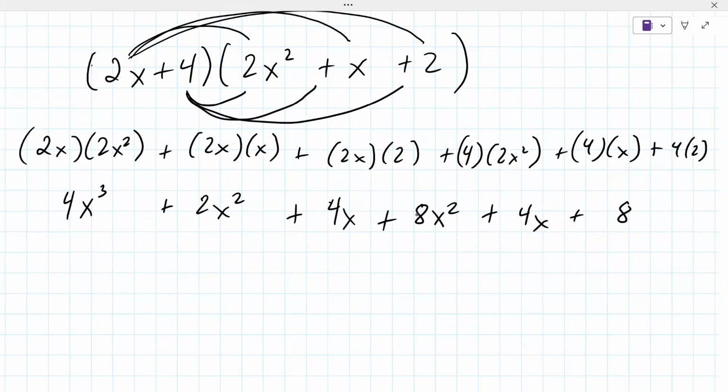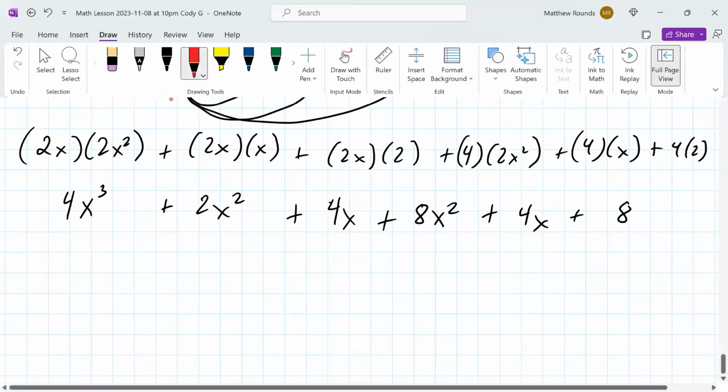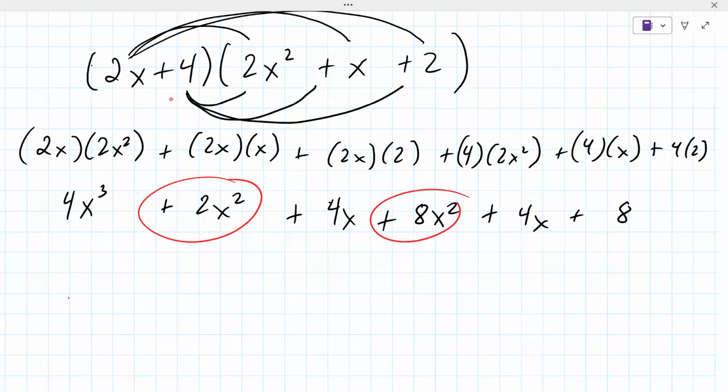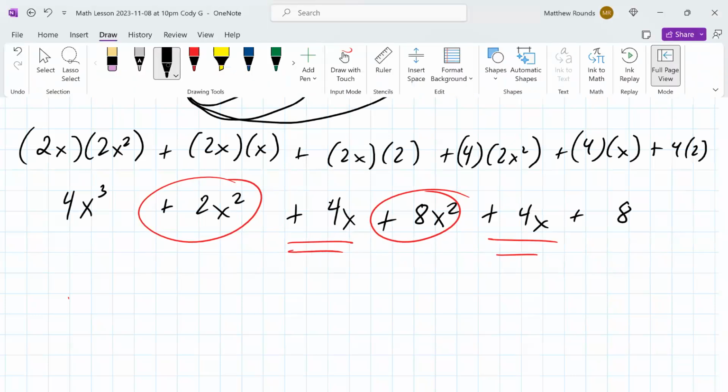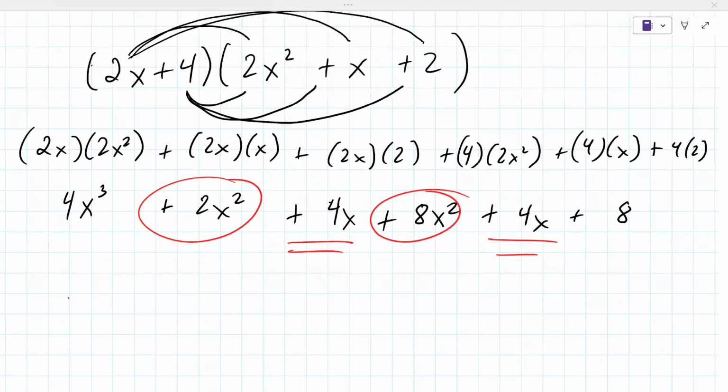Do you see any like terms here? Yep. Okay. All right, go ahead and combine those up for us. So it would be 10.